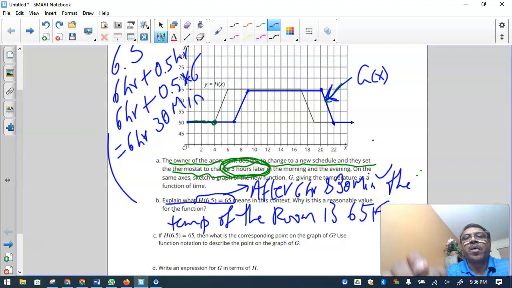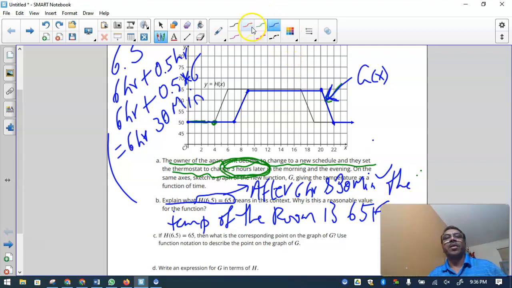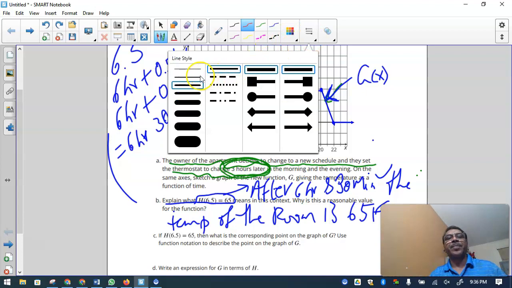Now at that point, where is this? Let me locate this point. 6 hours 30 minutes will be this point. Okay, so that's the point. If I go all the way down, let me see if I can try this point.